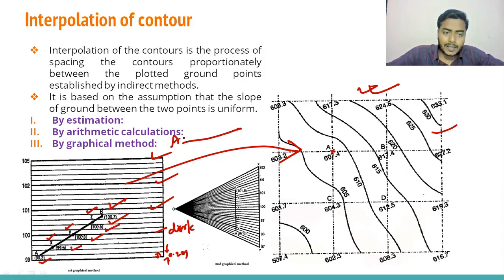keep point A parallel somewhere here at 99.2, and keep the tracing paper at B as a point 100.7 and just rotate.